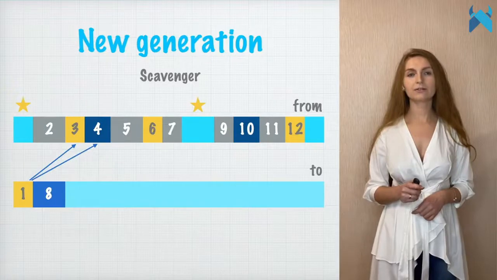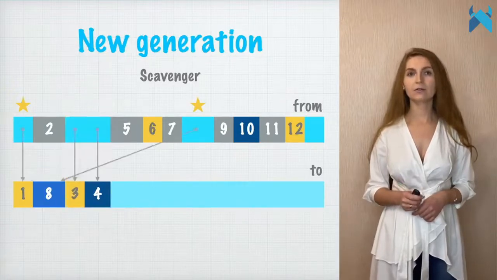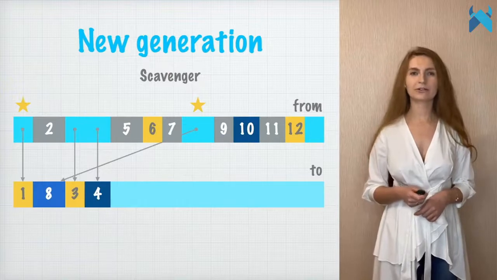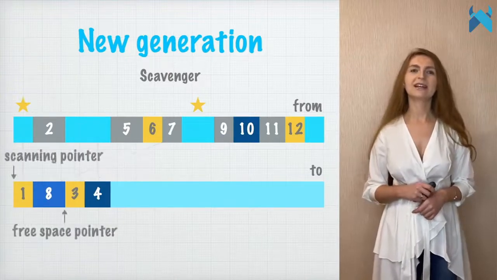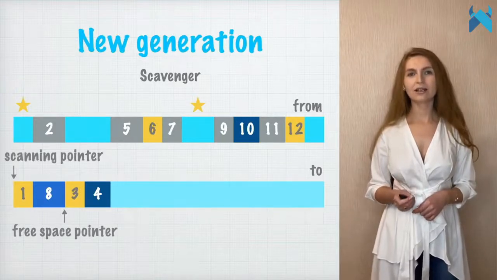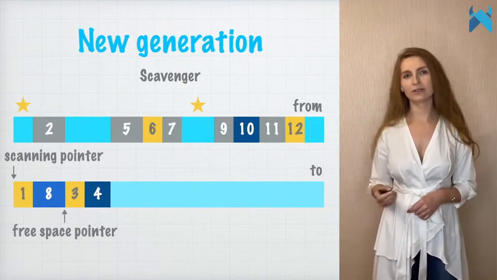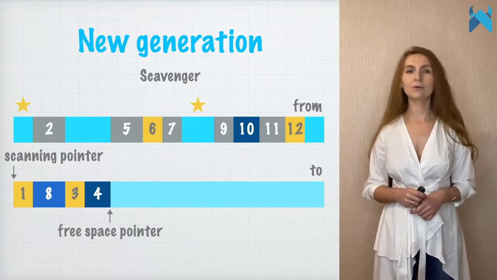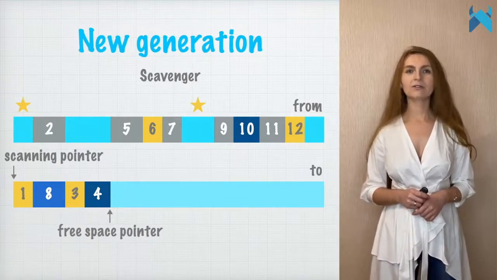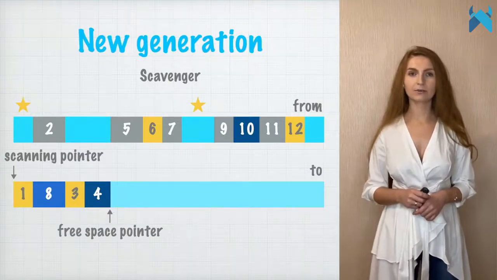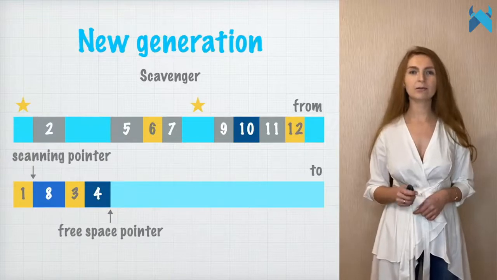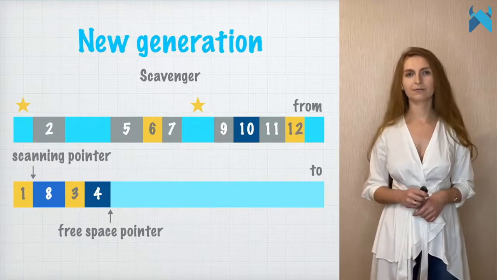It references objects 3 and 4, so they are copied into the to semi-space and forwarding pointers are installed. The algorithm moves any white objects to the gray set by copying them into the to space. Objects 3 and 4 are now part of the gray set. We have completed scanning the first object, which means it can be moved to the black set by simply moving a scanning pointer over it.